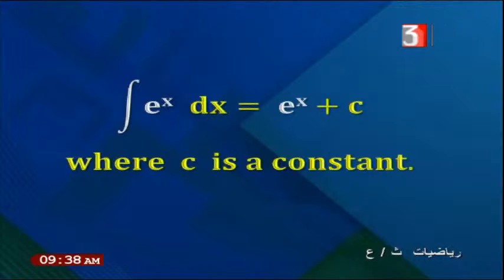But note that the power is x, here to the power 1, of first degree. Then the integration of e to the power x, where x is of first degree, equals the same function, e to the power x plus the constant c.